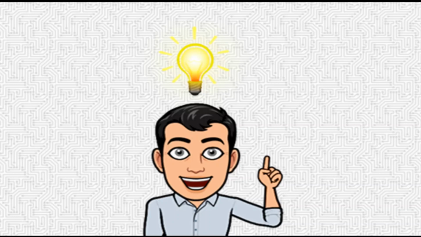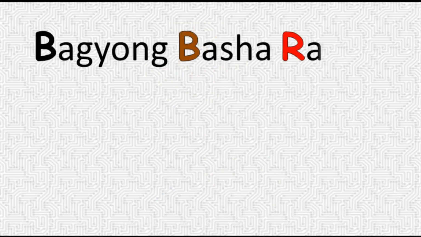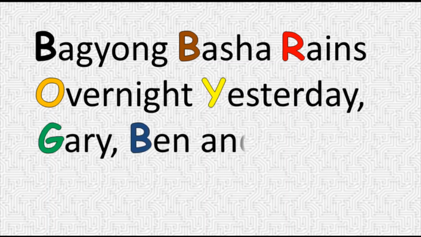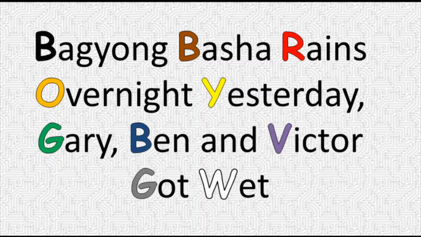Okay? So, since madalas ang ulan sa atin ngayon, pwede natin gamitin yon bilang mnemonics. Let's try this one. Bagyong Basha rains overnight yesterday. Gary, Ben, and Victor got wet. Okay, kung mapapansin ninyo, yung first letter ng bagyong, which is B, is colored black, which is also the first color dun sa ating color coding chart.